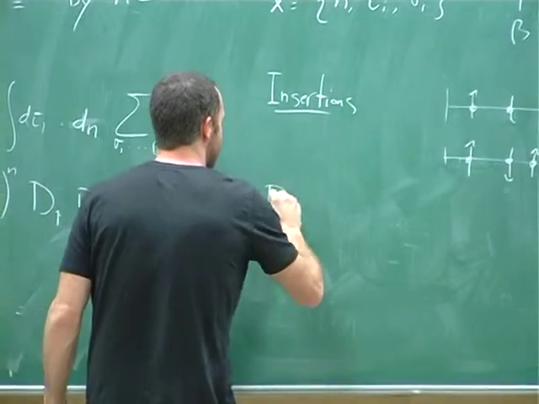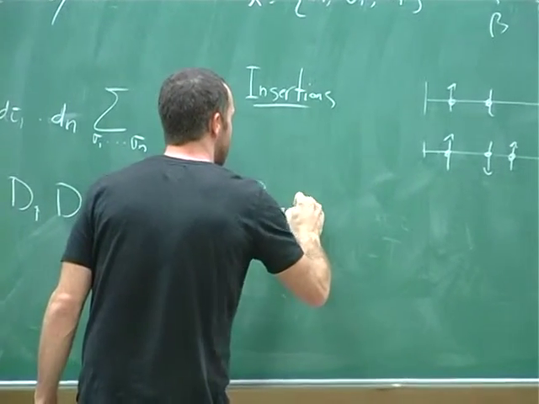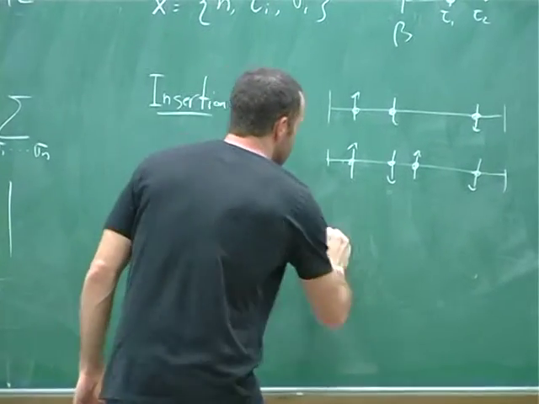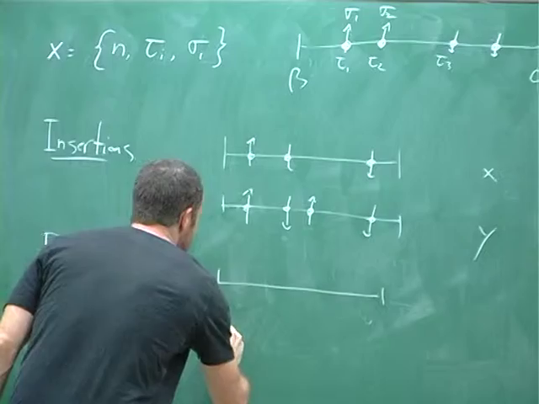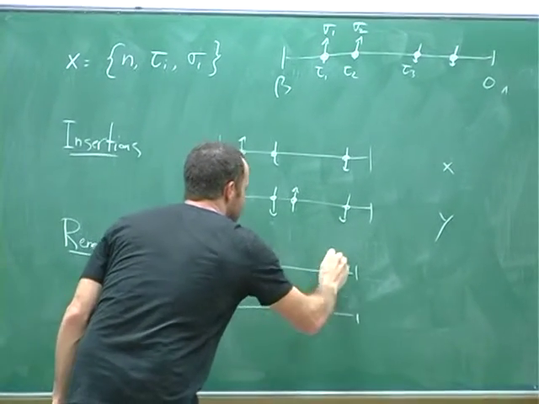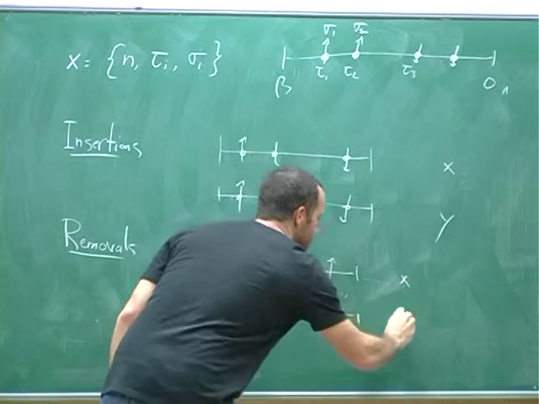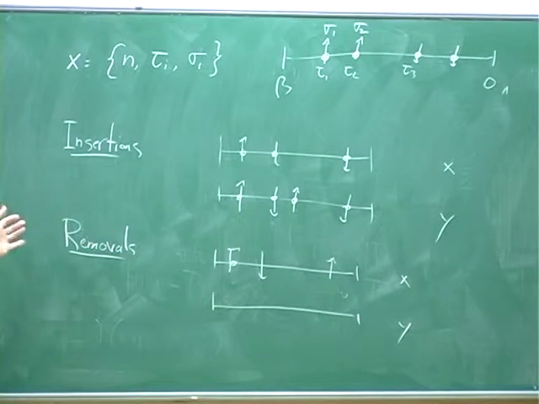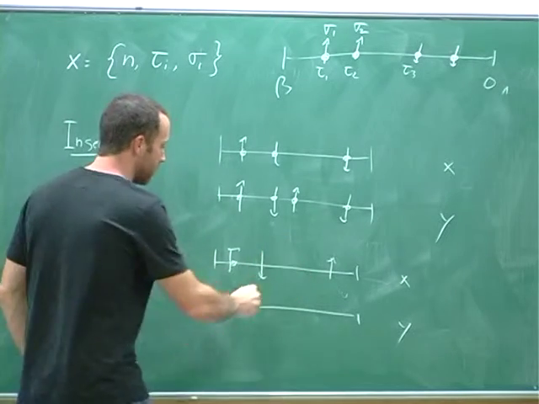And the other move is just the opposite move, removals. So I have configurations like this. I just pick one of the vertices randomly, chance 1/3 here.